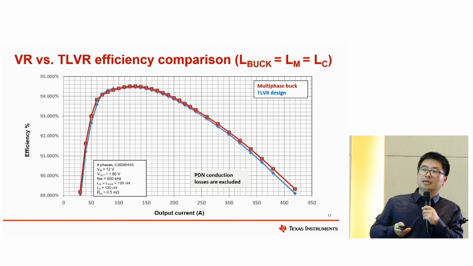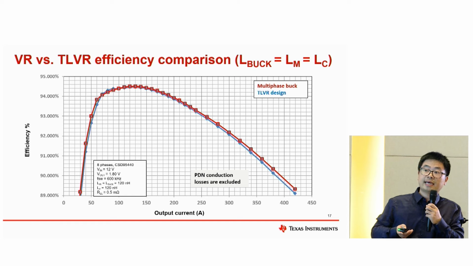But in practice, we do not use the same parameters here for multiphase buck and TLVR. To achieve the same transient response performance, the multiphase buck will need a very small inductance.